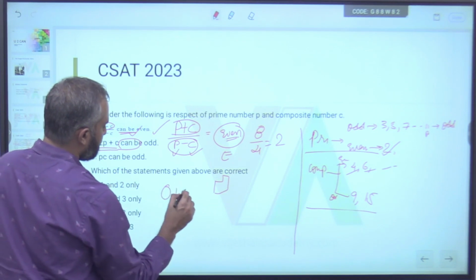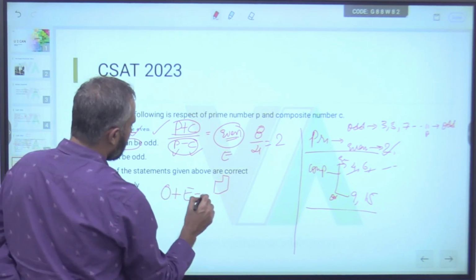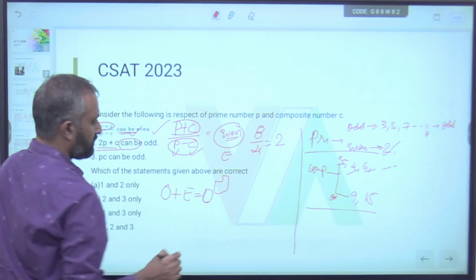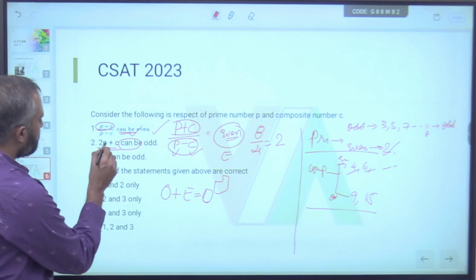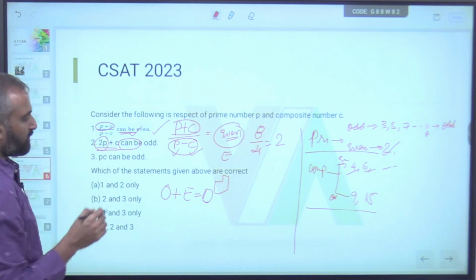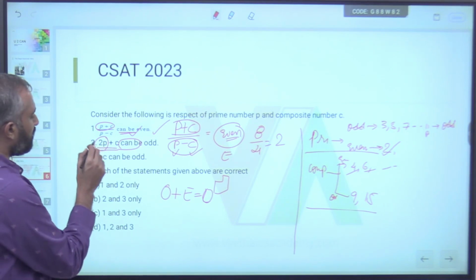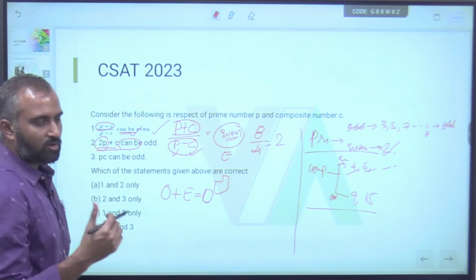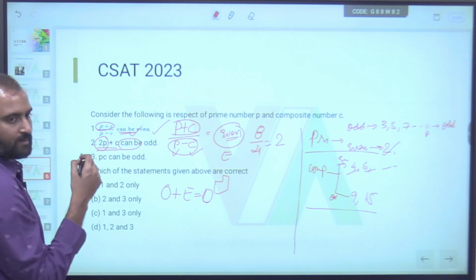Odd plus an even is odd. The prime number P is always even, no matter if P is prime or composite. If you multiply by 2, it becomes even.